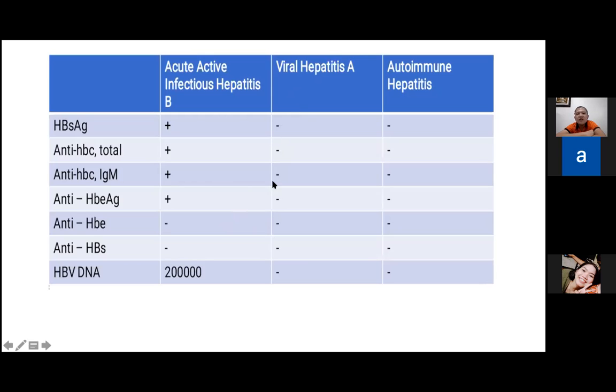Okay. So in describing the phase of hepatitis B, you need not refer to the table anymore, because for each marker that is positive, there's a meaning behind that.